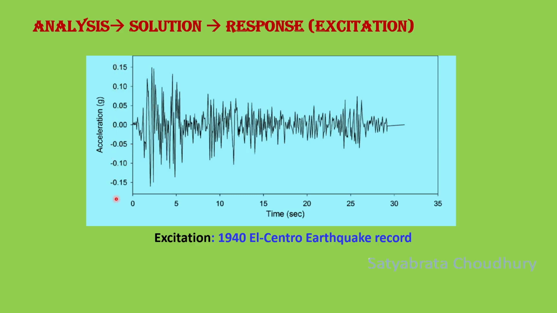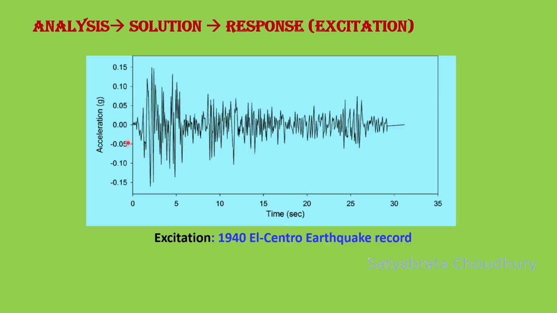So these are numerical values given here, and the x-axis is the time axis. For different instants of time, these are available on websites like USGS, the United States Geological Survey site, and so on. At certain intervals of time, these ordinates are given, so these are in digital form. The interval of time at which these are given in the record is called the record interval.